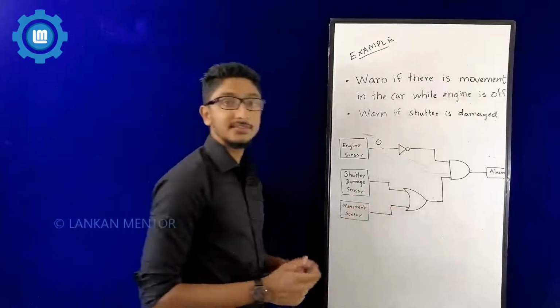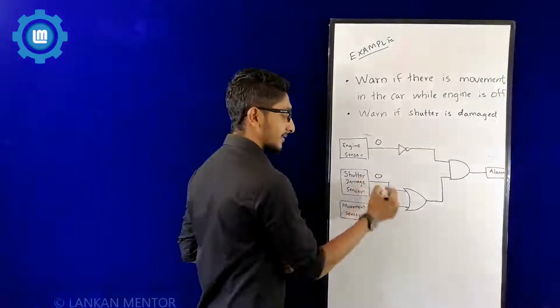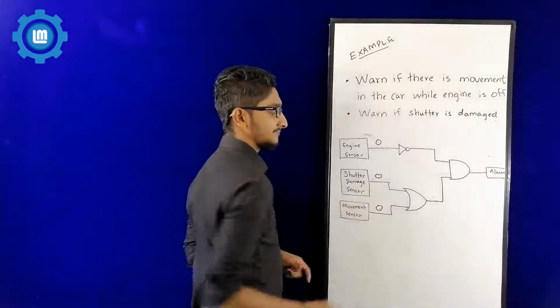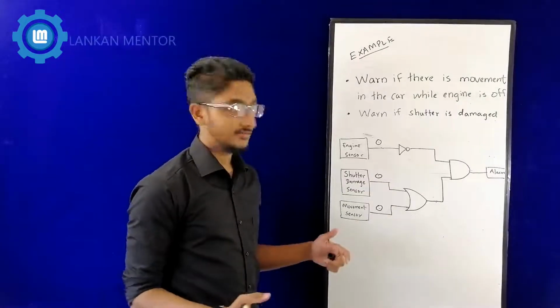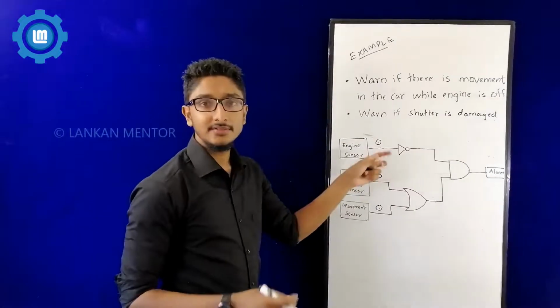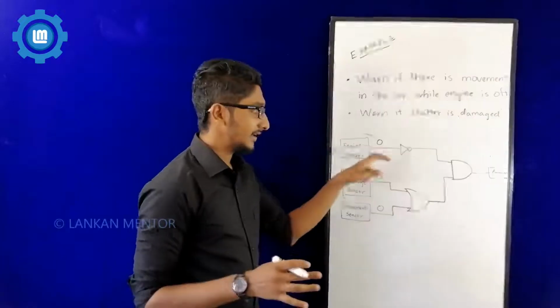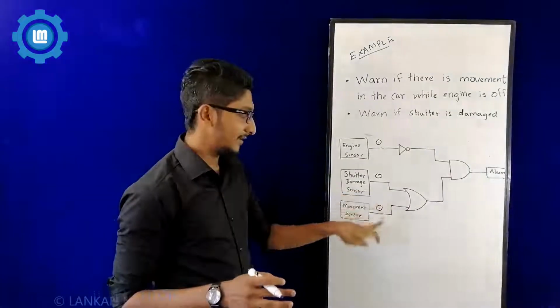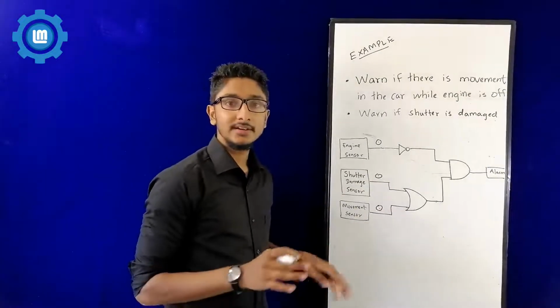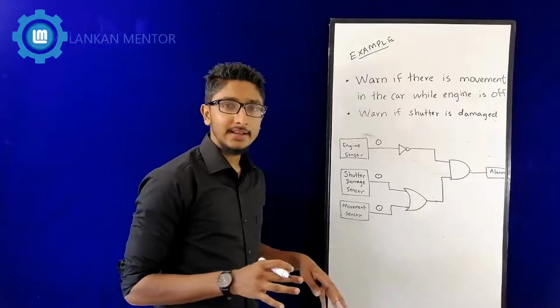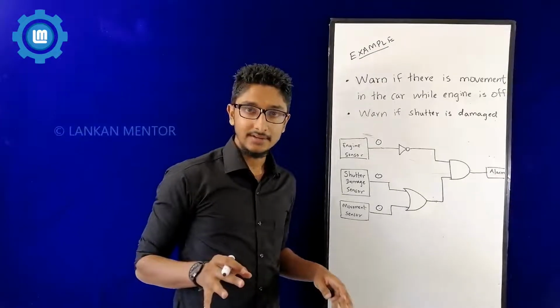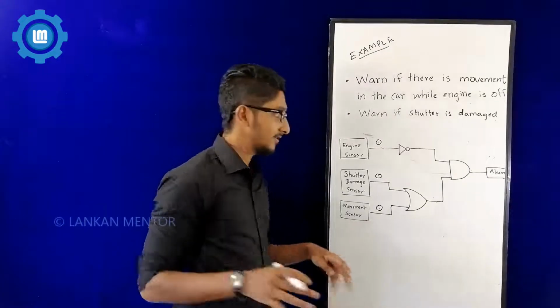We'll look at the other situation. No shutter damage, no movement, means all are 0. Engine is also off. Right? Engine is off, no shutter damage, no movement in the car. Then the alarm should not work. Right? The alarm should not work.